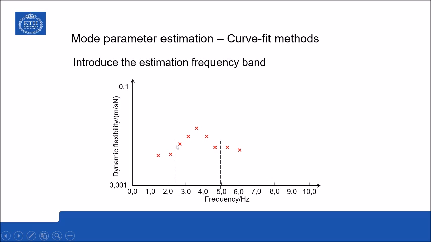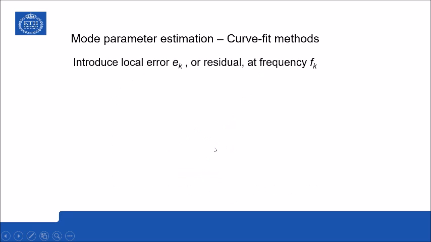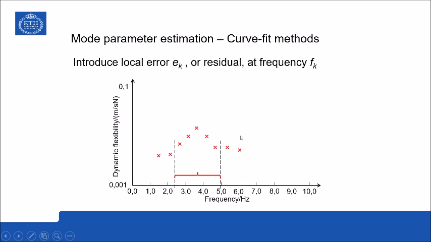So we focus by selecting a frequency estimation band like this, in this case between 2.3 and roughly 4.9 Hertz. This is our estimation frequency band, and we now include these 5 frequency points, frequency lines, in our estimation. We now introduce a local error or residual at a single frequency fk as well.